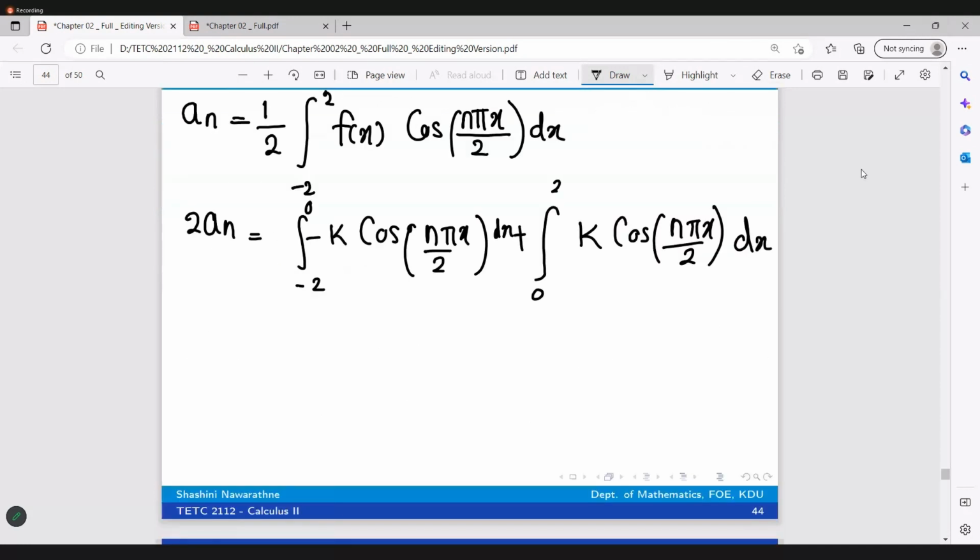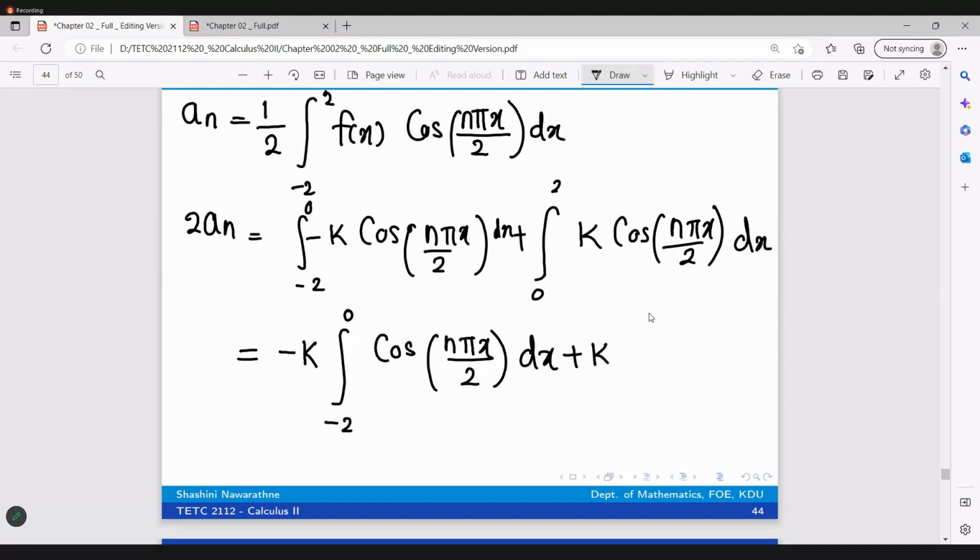And then let's evaluate this integration. We can bring minus k out. So I will write another step. Minus k times the integral from minus 2 to 0 of cosine n pi x over 2 dx plus k times the integral from 0 to 2 of cosine n pi x over 2 dx.